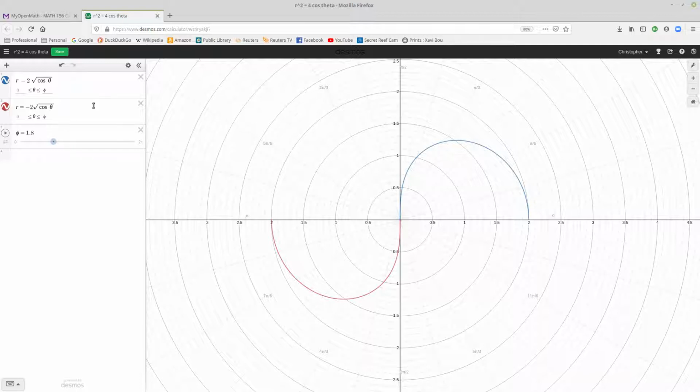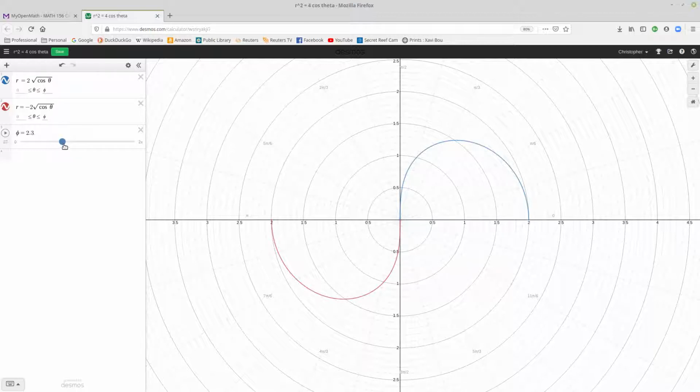of r. If I consider what's happening back in the original equation, where I have 4 cosine theta, anytime the cosine becomes negative, my equation becomes r squared equals a negative number. And that does not have a real solution, r. And so where the cosine is negative, namely between pi over 2 and 3 pi over 2 in this case, we in fact do not generate any r values, and that's why the drawing paused.